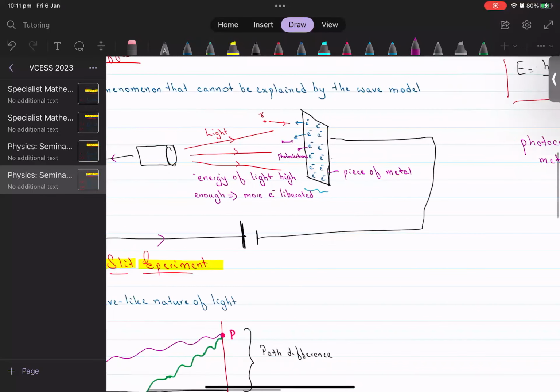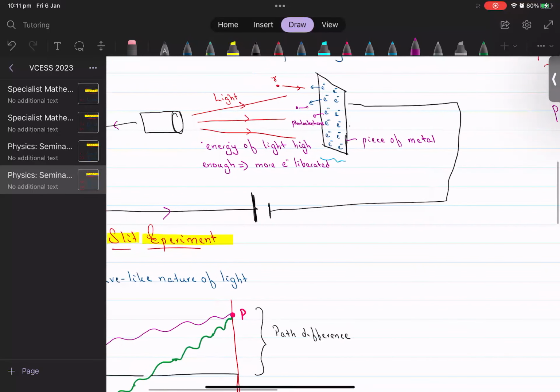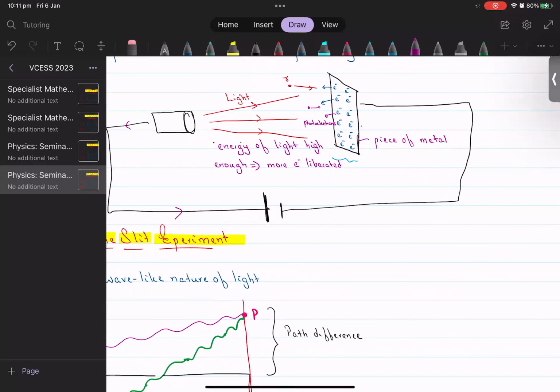But one last thing you should note is that not every photon is going to liberate an electron.